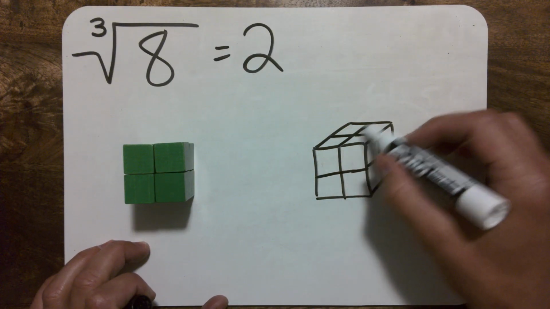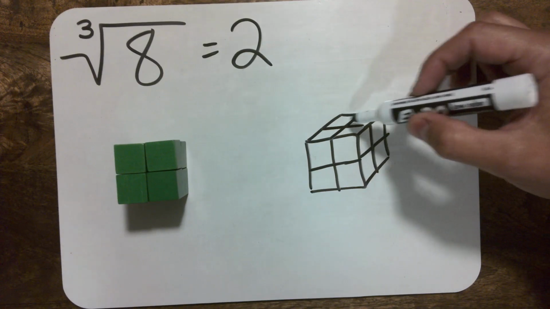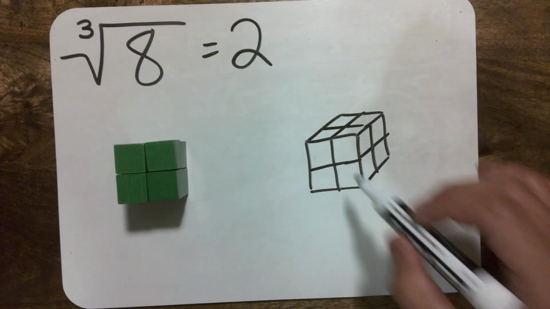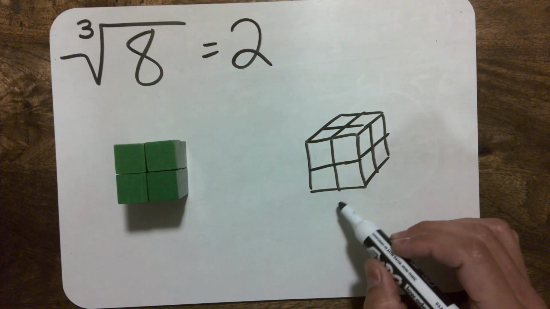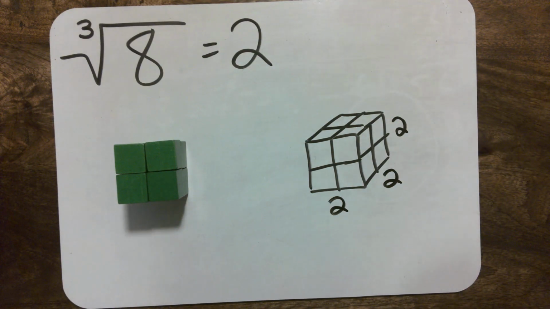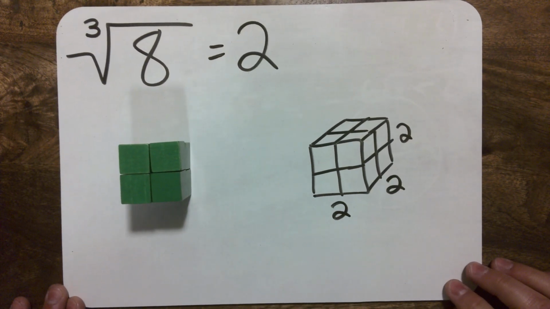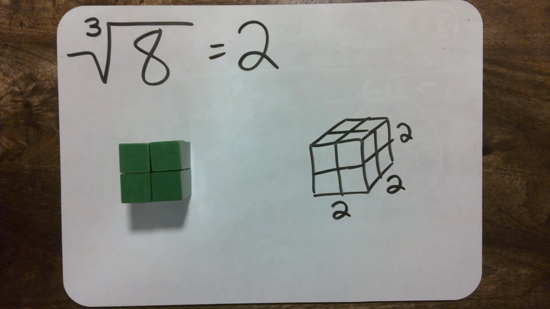If we wanted, we could show that we can see the 4 on the front, we can see there's a 3, we just have to know there's one back there. So there's a total of 8 cubes in there, and all of our edge lengths are 2. Okay, so again, we're using the geometric models to conceptualize the square roots and the cube roots here.